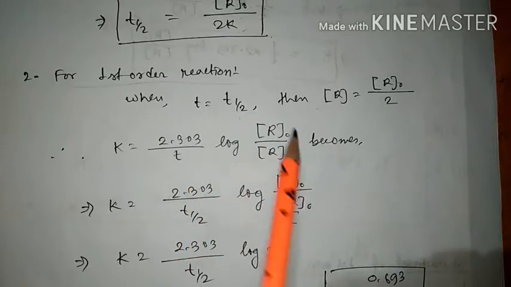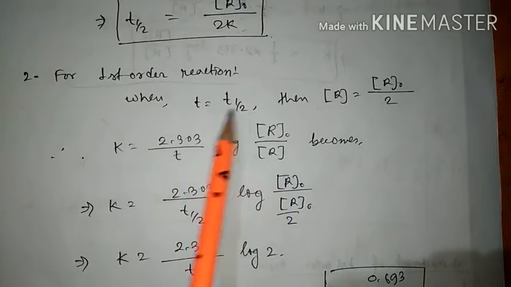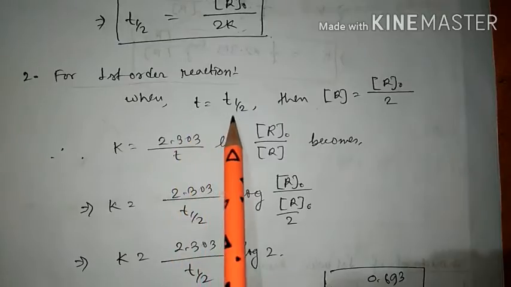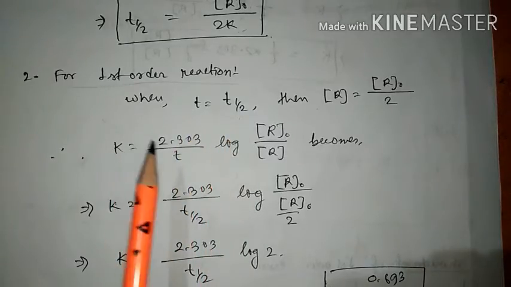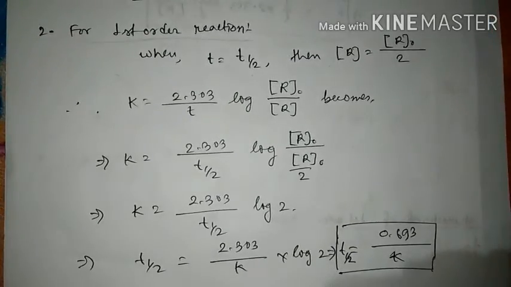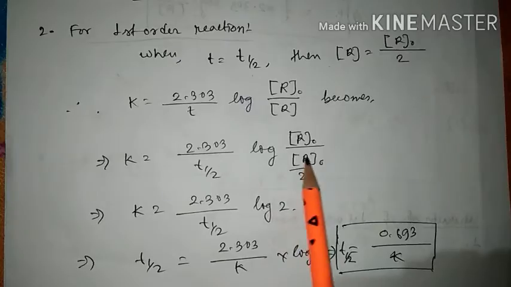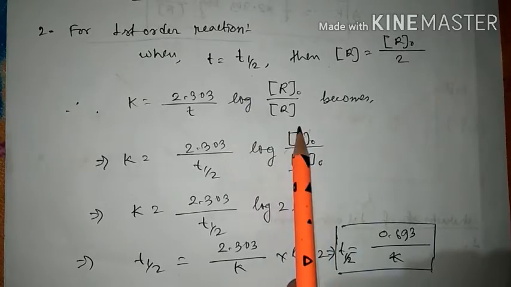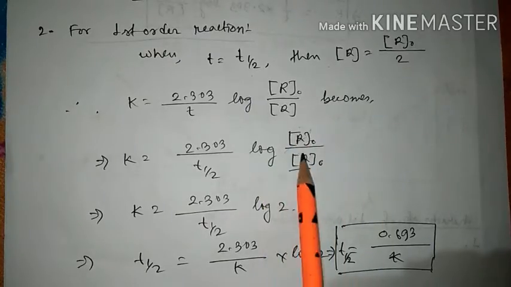Now, if I substitute t by t half and the concentration of R by R naught divided by 2, then we get K equals 2.303 by t half log of R naught by R naught divided by 2. This cancels, and it becomes log 2.